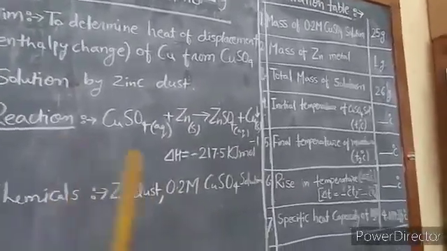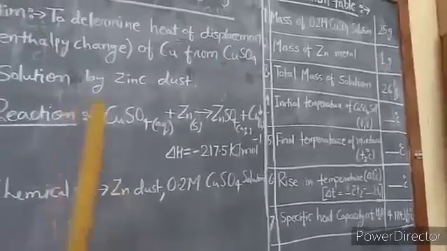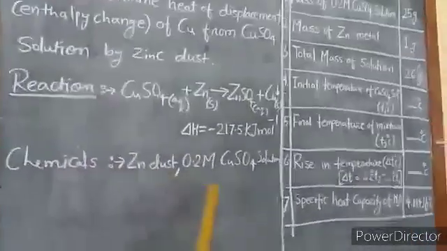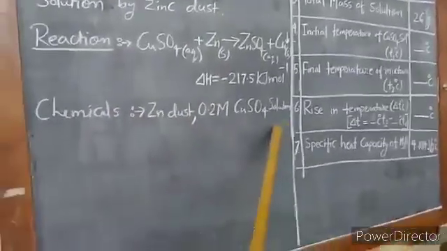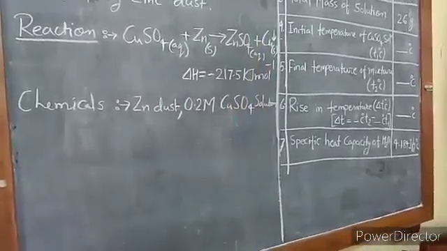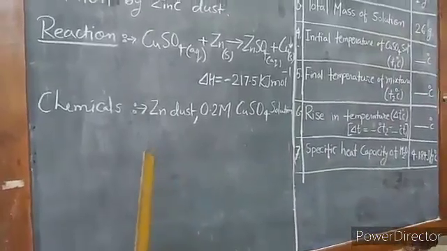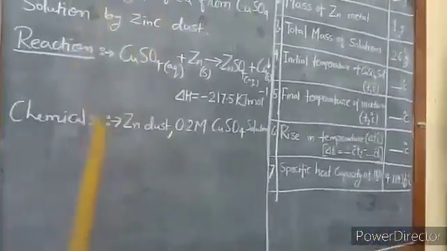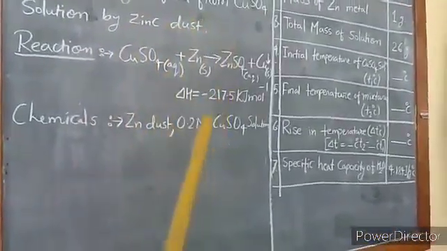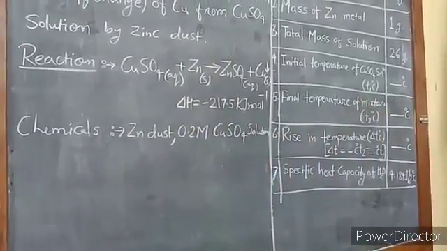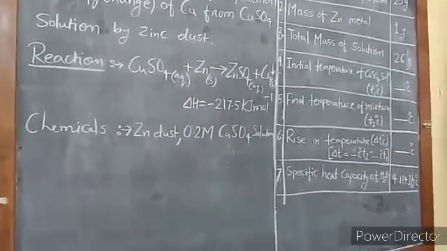The chemicals required for this experiment are zinc dust and 0.2 M copper sulfate. I will show you all the apparatus required during the demonstration of the determination of heat of displacement of copper from copper sulfate.